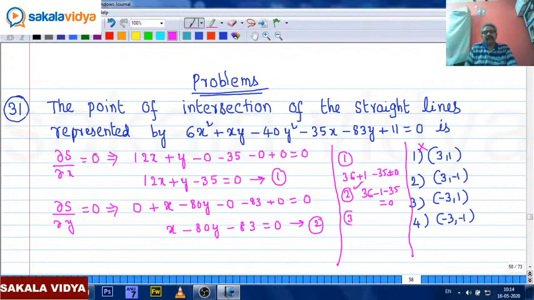Third option: minus 36 plus 1 minus 35, no. Fourth option: minus 36 and minus 1 minus 35 does not equal 0, eliminated. So the second option is the right option.